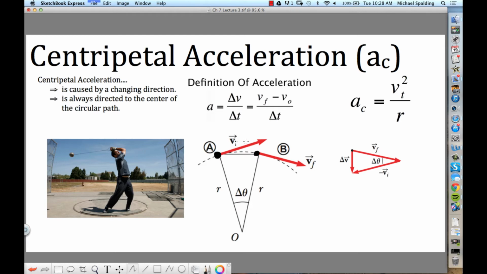So from here to there, did the magnitude change? Magnitude stayed the same. Did the direction change? Yes. If you do basic vector addition for these two vectors, you're going to see that the change of velocity is directly to the center. It's going to be directly to the center of the circle.